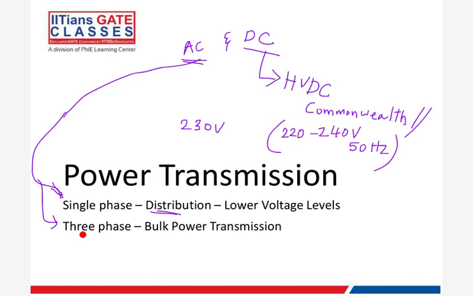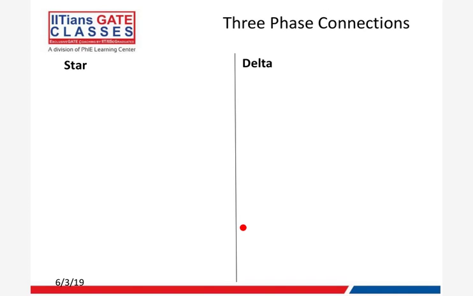Then we have three phase, which we use for both distribution and bulk power transmission. When we're talking about three phase, we basically have three phases: one, two, and three.